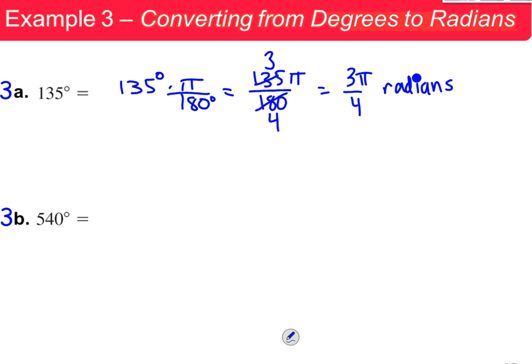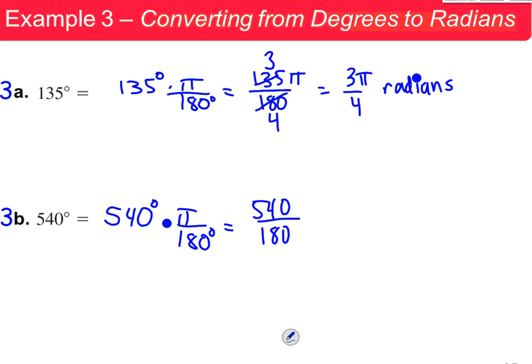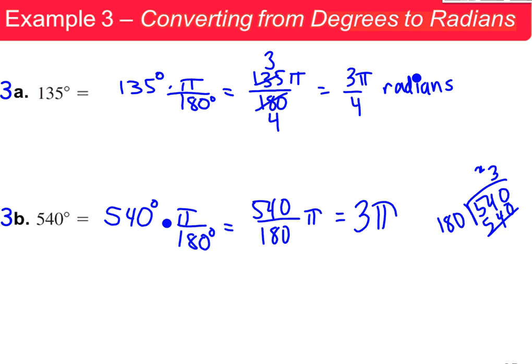Now 540 degrees times pi over 180 degrees. So 540 pi over 180. I think 180 goes into 540 3 times. So that's equal to 3 pi.